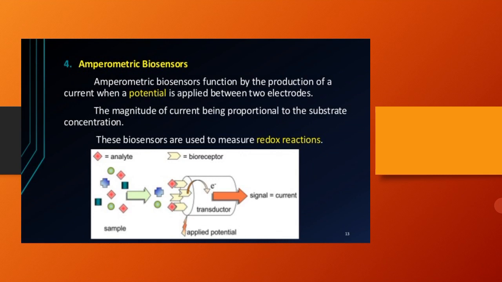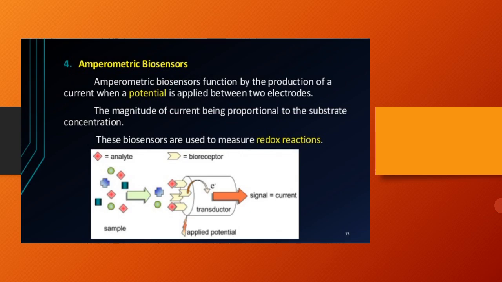This is the basic reaction. When there is a potential between the two electrodes, current will be produced. This is the principle behind amperometric biosensors.